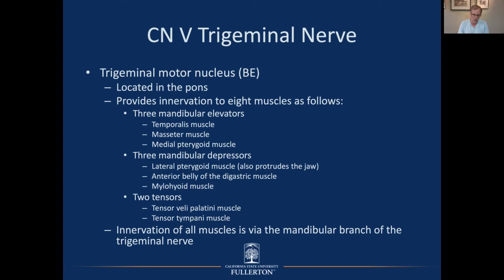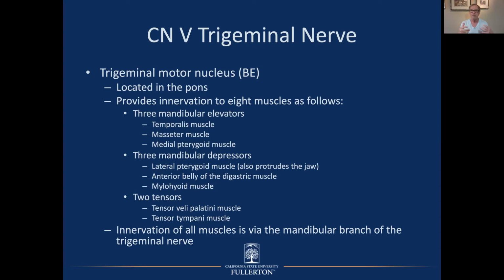The lateral pterygoid attaches to the part of the mandible that fits into the joint. It's almost like a finger sticking up there and going into the joint. The lateral pterygoid attaches to it and pulls it forward, and it will rotate the whole jaw down. That's how it accomplishes its movement. It also protrudes the jaw.